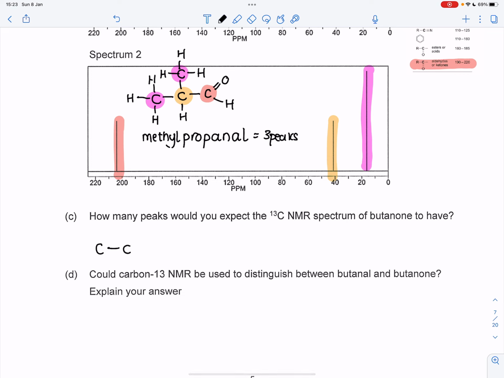So let's just draw out butanone, single bonds, make it a ketone, put the hydrogens on, and then let's look to see how many different types of carbon. Now we could easily be tricked into thinking the 2 next to C double bond O are the same, but they're not, because one lives next door to some more carbons and the other doesn't.